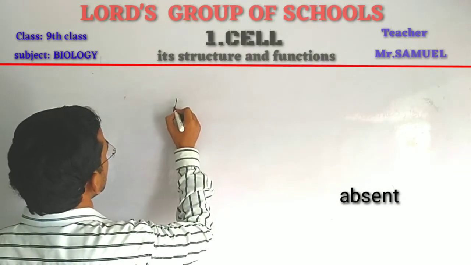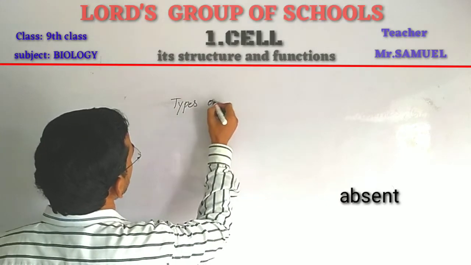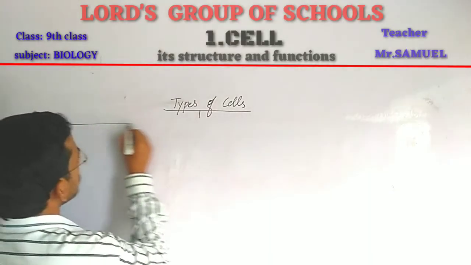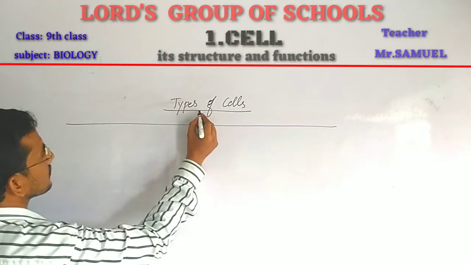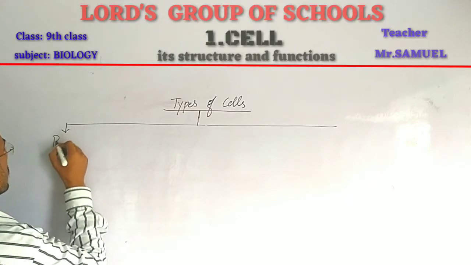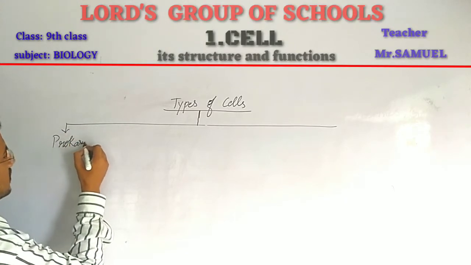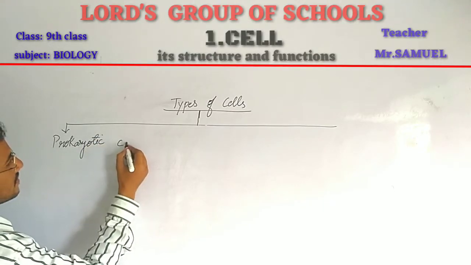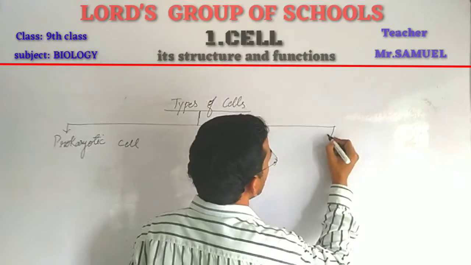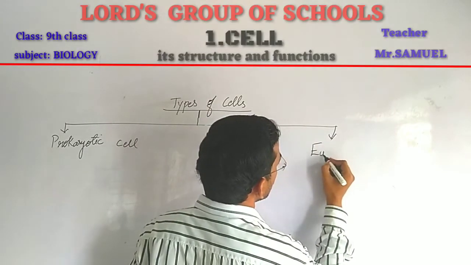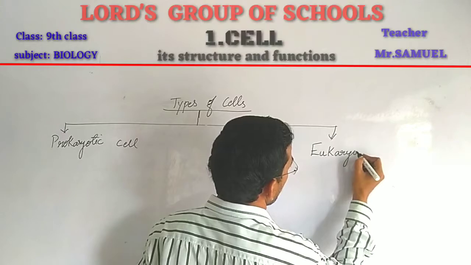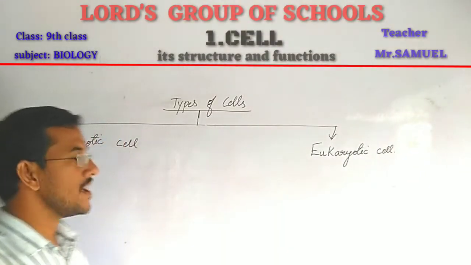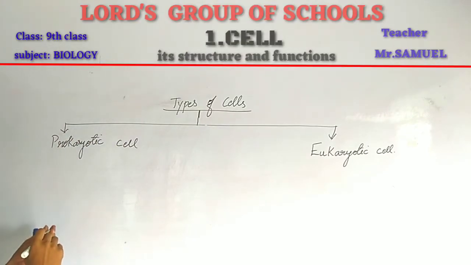Now let us see types of cells. Cells are divided into two types. They are prokaryotic cell and eukaryotic cell. What do you mean by pro here?